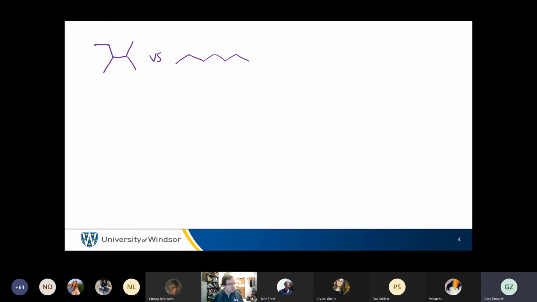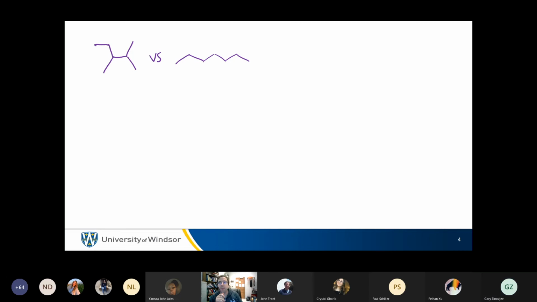I don't think the first thing is a heptane, is it? It's got 7 carbons. 1, 2, 3, 4, 5. That's the longest chain I see. Yeah, you would name it as a pentane. So you would name this as 2,3-dimethylpentane.